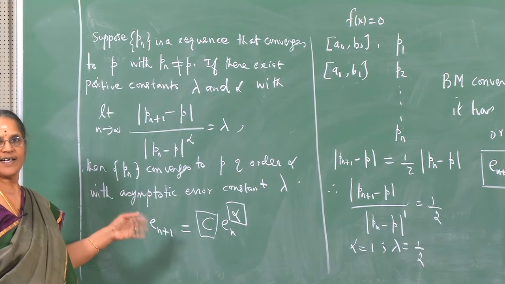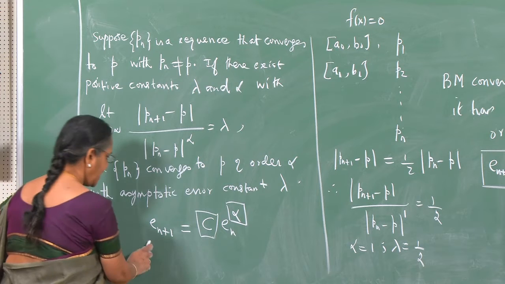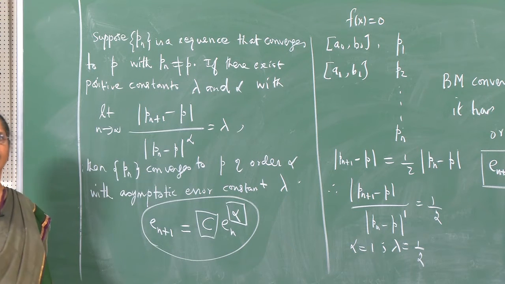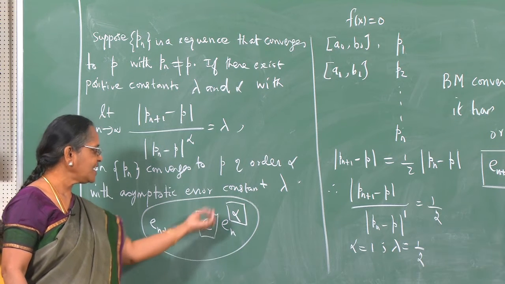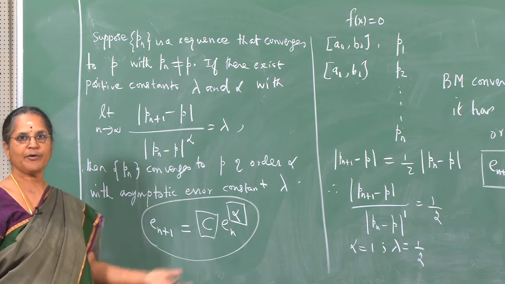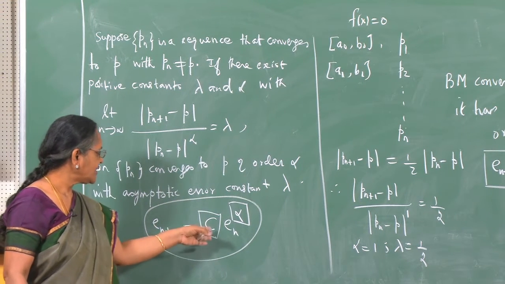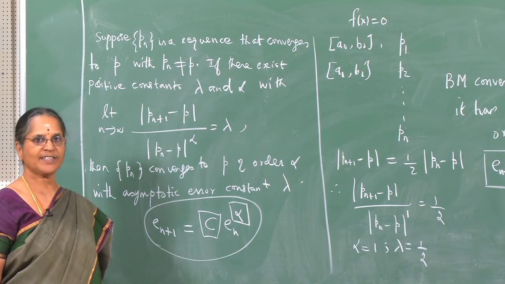So, when we want to discuss the order of convergence of Newton-Raphson method, we would like to obtain a relation connecting the error at the nth and the error at the n plus 1 step in this way and identify what are C and alpha, so that we can immediately make some conclusions about the order of convergence of Newton-Raphson method and also some statement about the asymptotic error constant in Newton-Raphson method.